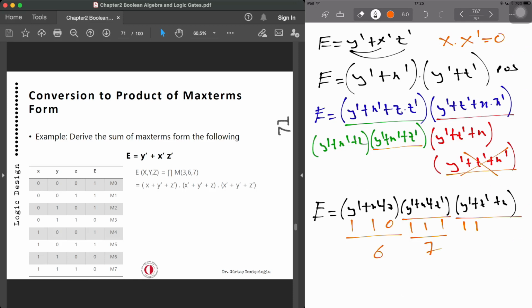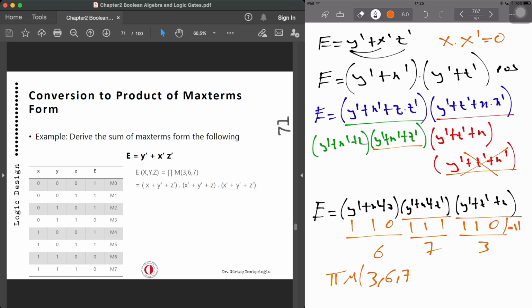Okay, sorry, I have got this the other way round, I guess. So this is going to be 1, 1, 0, but as x is at the far end, this is actually 3. It's 0, 1, 1. Okay, so that means our max terms are going to be 3, 6, 7, like we have found in the truth table.